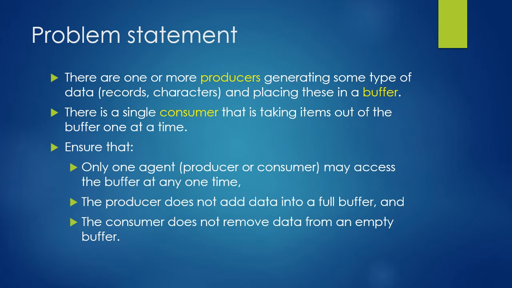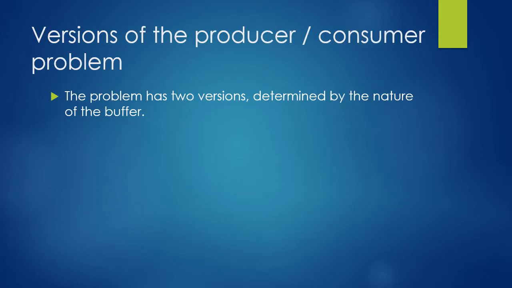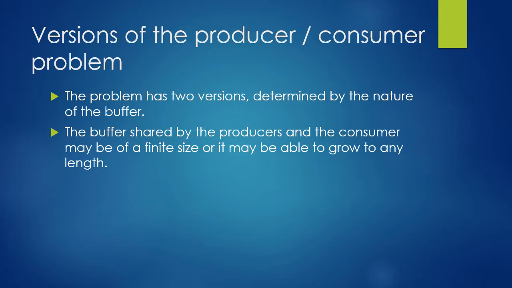We will look at several solutions to this problem to illustrate both the power and the pitfalls of semaphores. The problem has two versions determined by the nature of the buffer. The buffer shared by the producers and the consumer may be of a finite size, or it may be able to grow to any length.